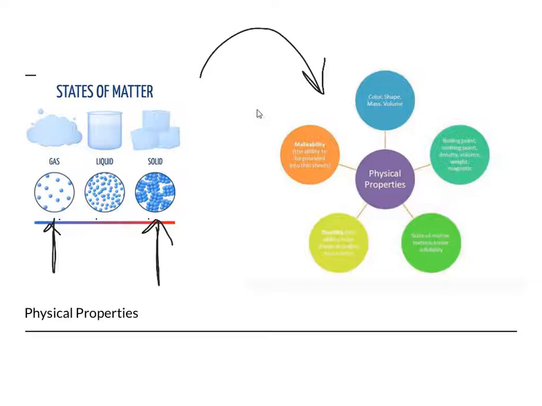For instance, one example is because solids have their particles so close together, that allows for electrons to flow between the particles really closely. So a lot of times solids are really conductive, especially metal solids. So that's just one example.